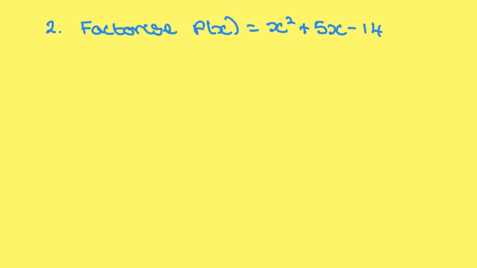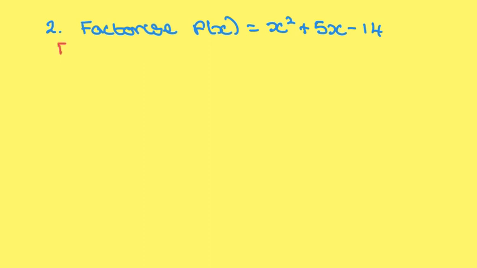Question 2. Factorize f of x equals x squared plus 5x minus 14. Again, the first thing we need to do is find all the factor pairs that multiply together to make the integer term. The integer term in this case is minus 14.